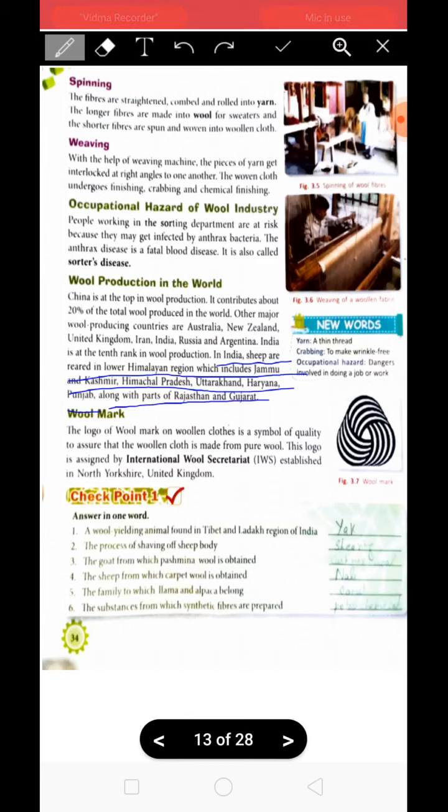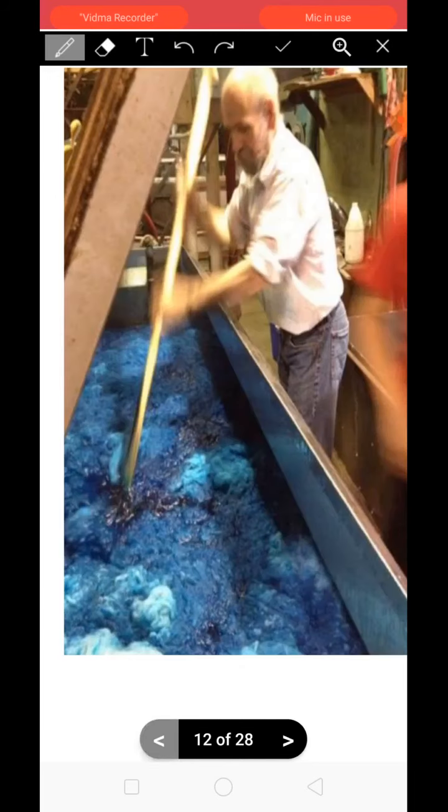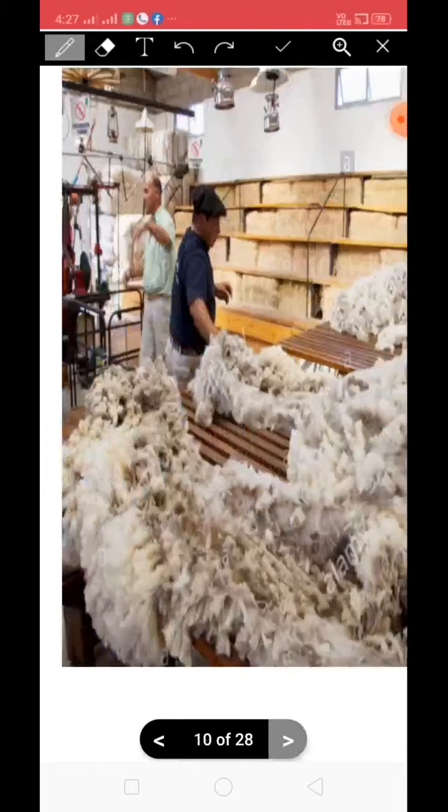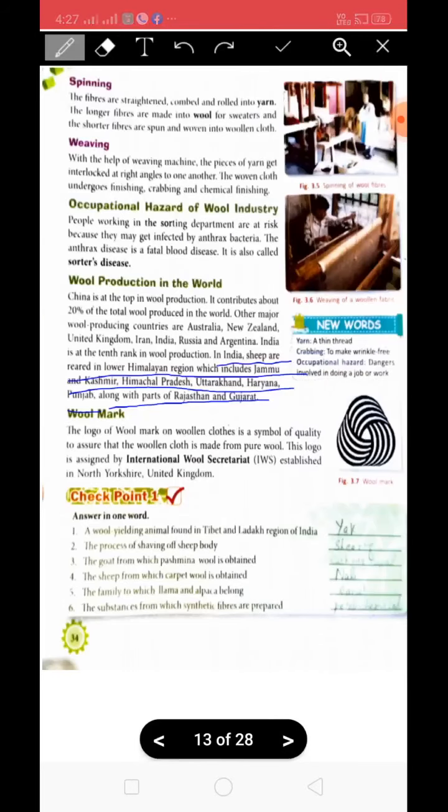Now, second question of D. What is Sorter's disease, and which people develop the disease? Why? For that, we need to go into the occupational hazard reason. See over here, on the same page it is given.